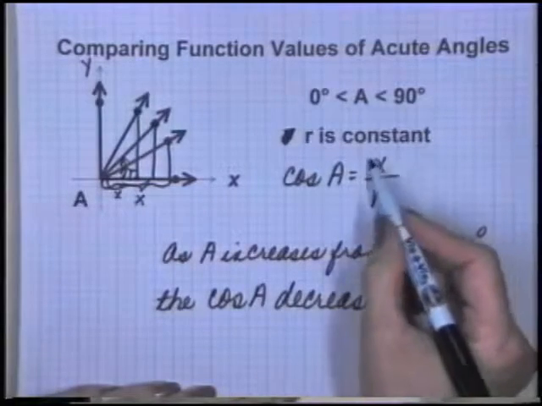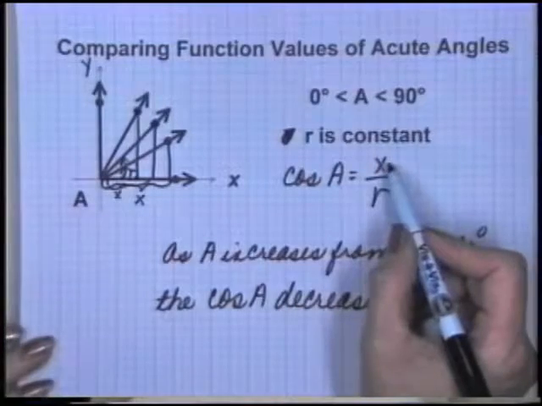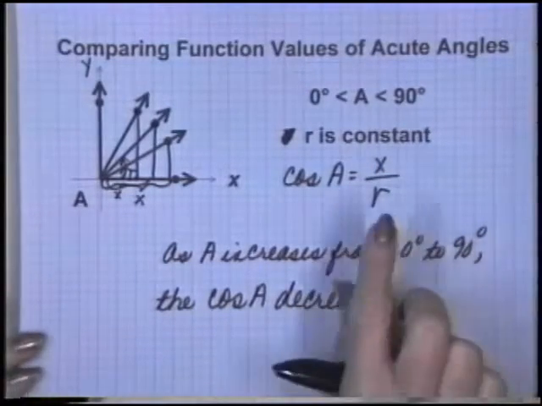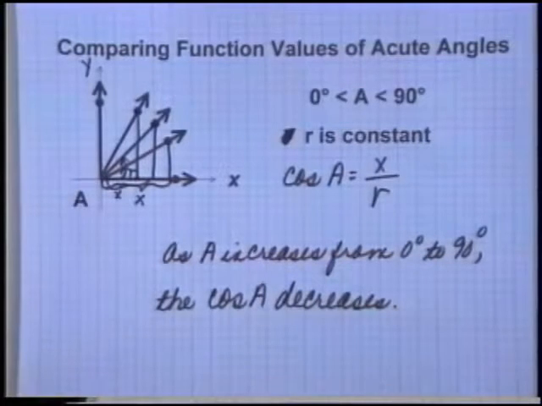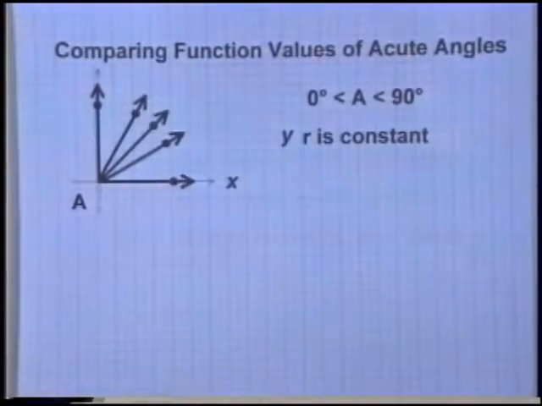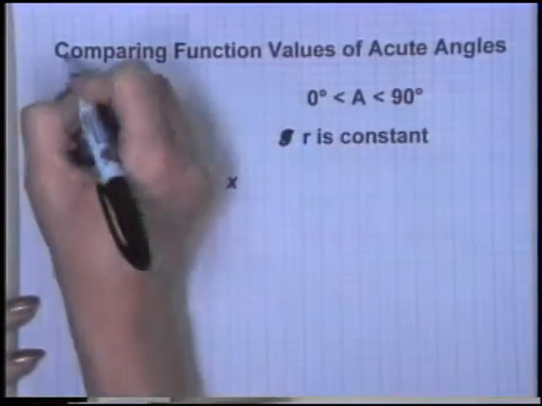It decreases because the X's, the numerator of this fraction, are getting smaller, which causes the fraction to get smaller when R is constant. Let's look at the tangent.